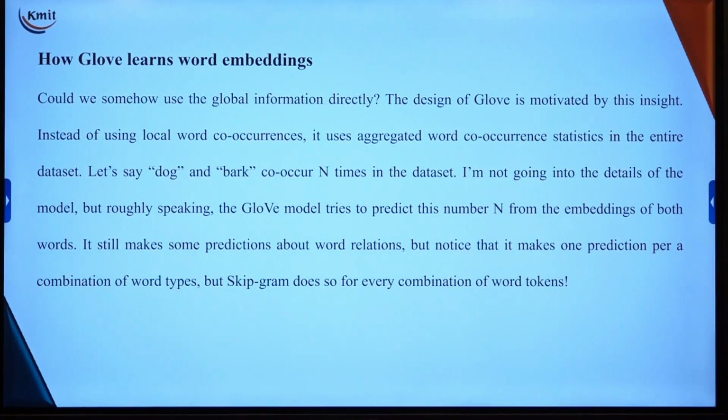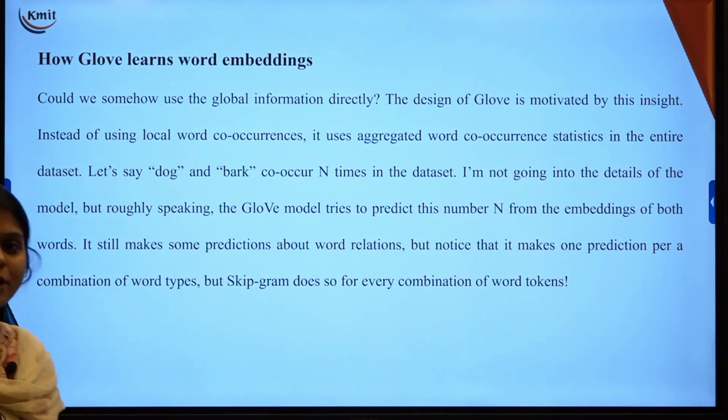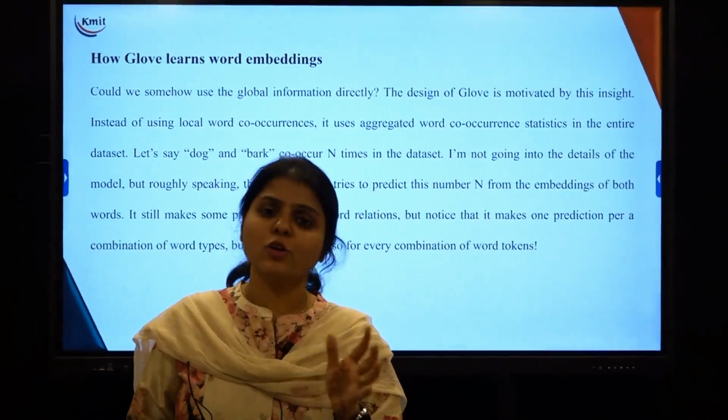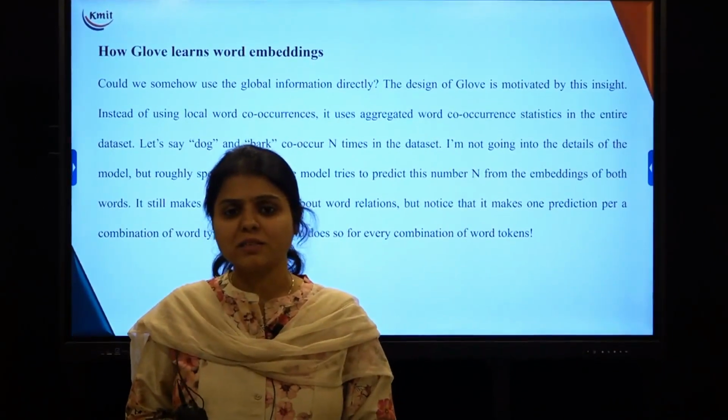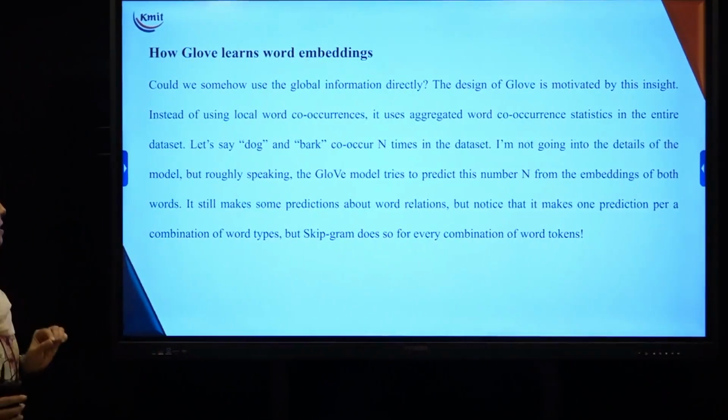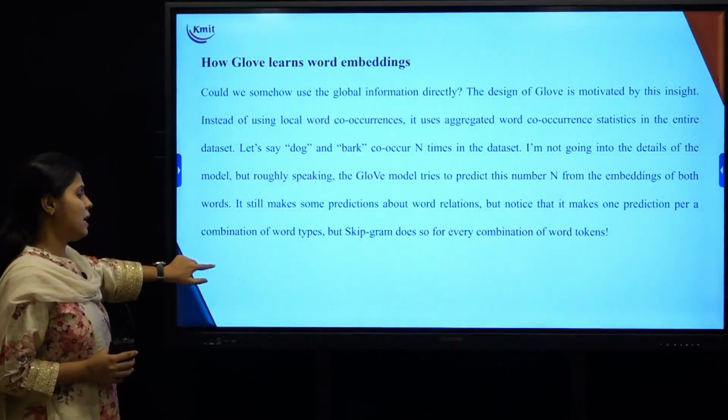So the statistics in the entire data set would be analyzed and only the repeated words would be referred to as n times, instead of adding them each and every time. In some cases, let's use the words dog and doggy. Sometimes though dog and doggy are related, they may be considered as different words, but in most cases the repetition would be represented in your GloVe word embeddings.